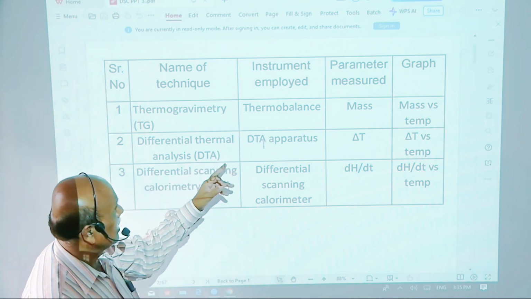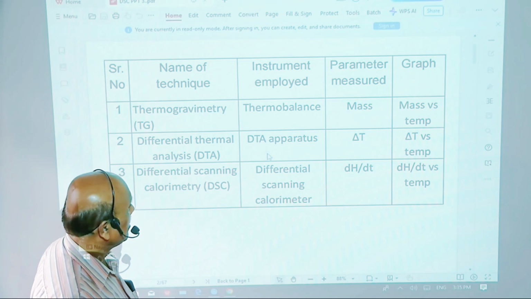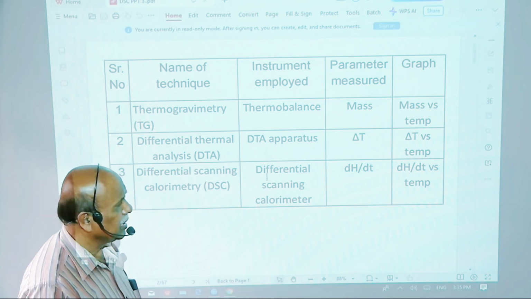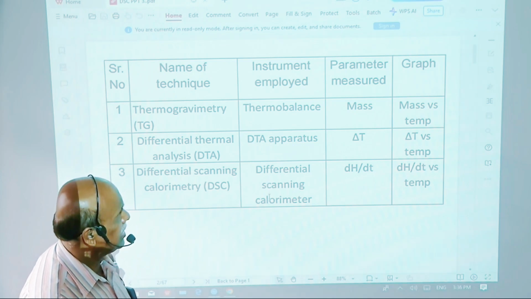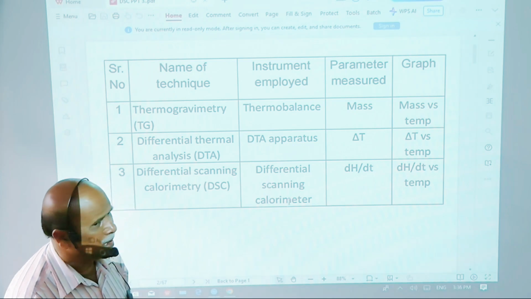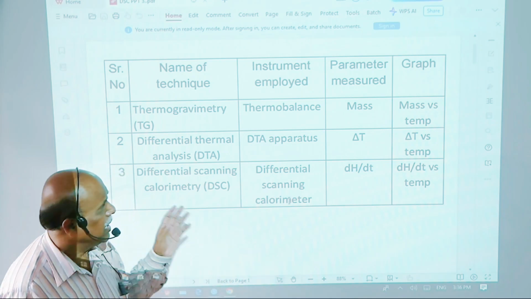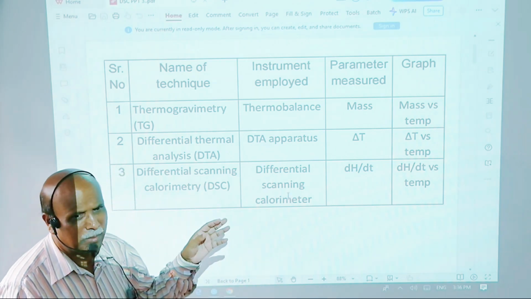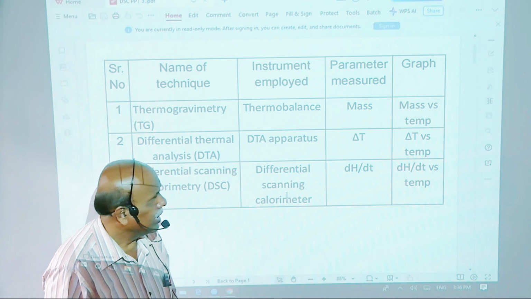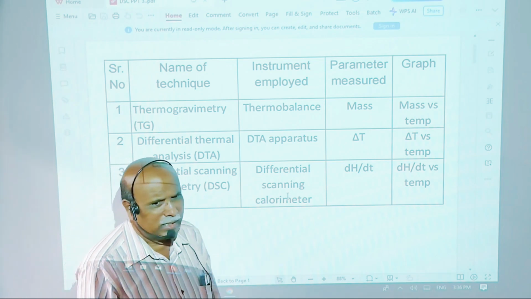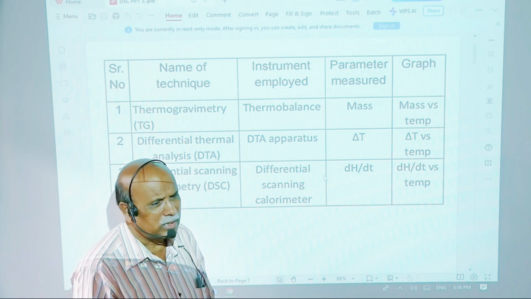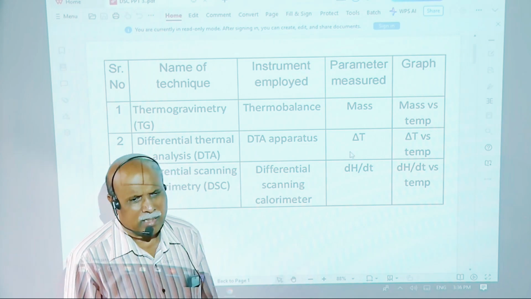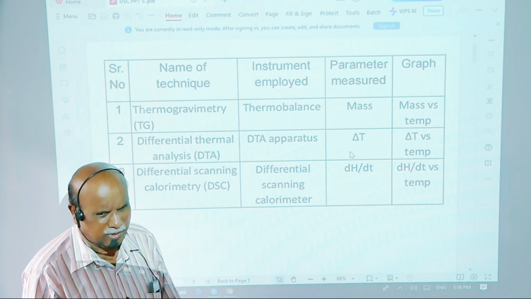In DTA, there is the DTA apparatus, and in DSC, differential scanning calorimetry. In TG, they measure only mass. In DTA, they measure delta T, and in DSC, they measure dH/dt. So this is the difference between these three types of instruments.